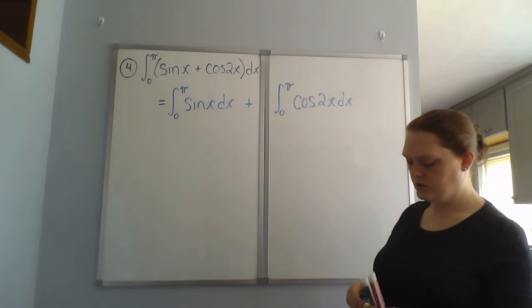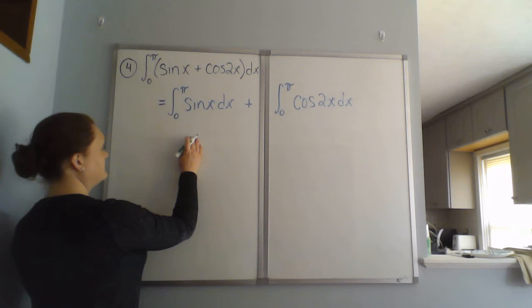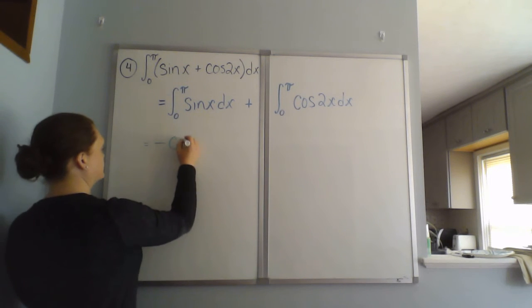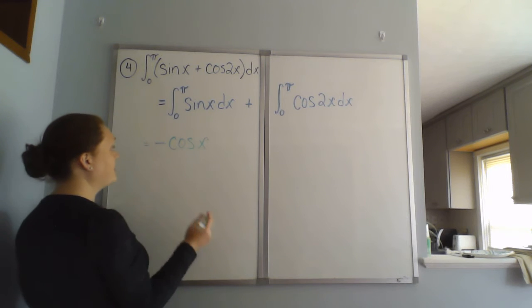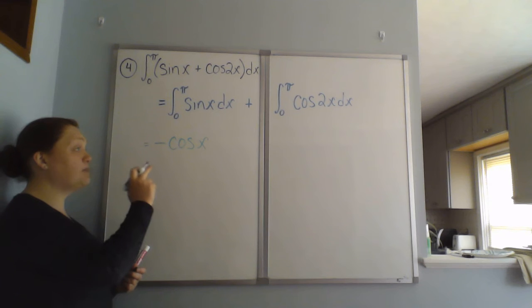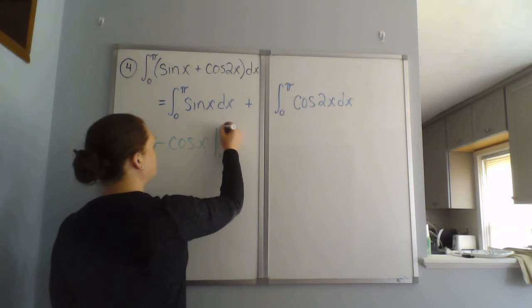Okay? So, taking a look right here, the antiderivative of sine is negative cosine. Okay, if you think about that list that we made, the sine, cosine, negative cosine, we need to go up one, so really going to the bottom of the list. We're going to evaluate that from 0 to pi.